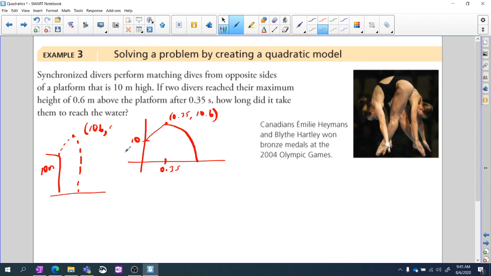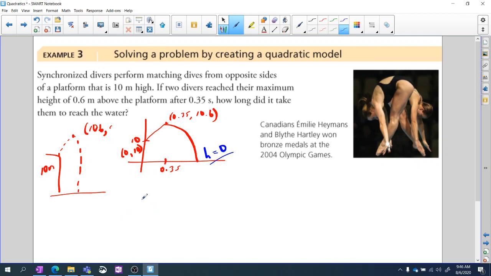This point over here would be (0, 10). So we need to come up with a quadratic. And then the question is, how long did it take them to reach the water? So that would be when the height is 0.